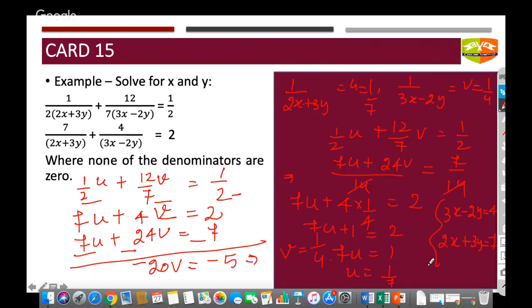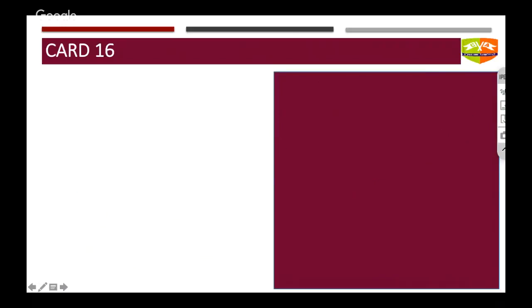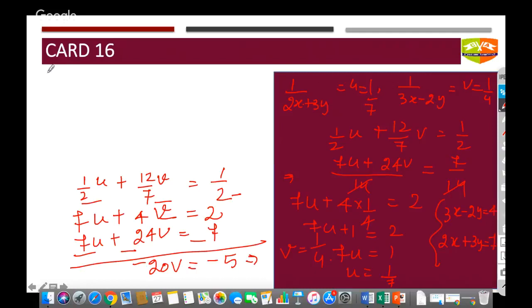So let me go to another slide. What I get over here is 3x minus 2y is equal to 4, and 2x plus 3y is equal to 7. Now multiply this equation with 7 and this equation with 4.